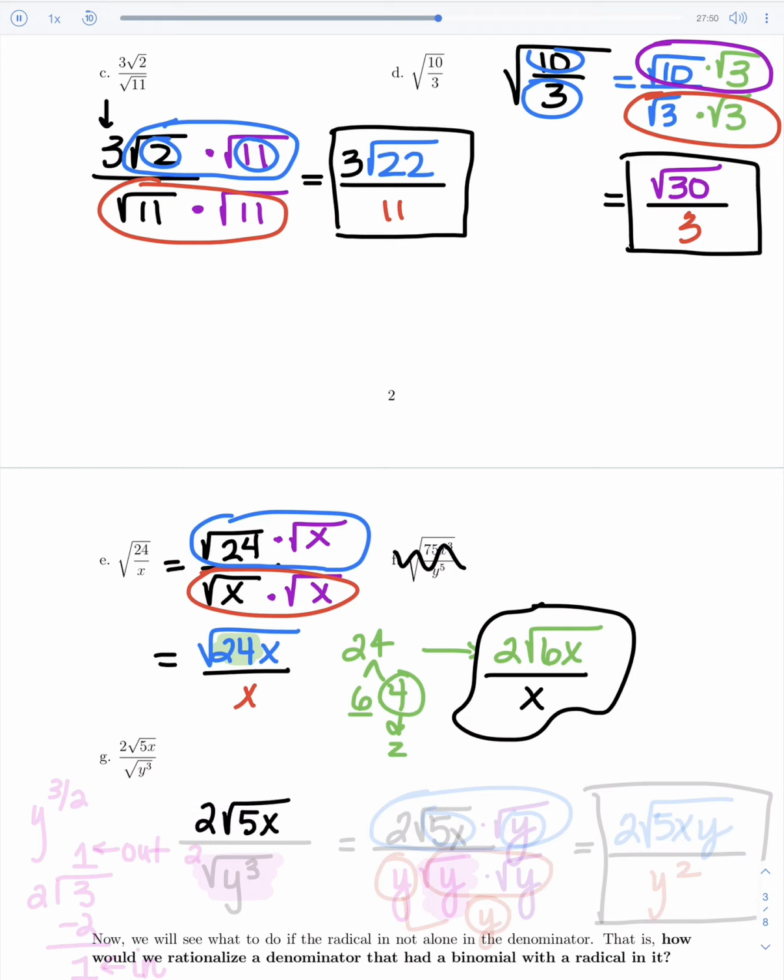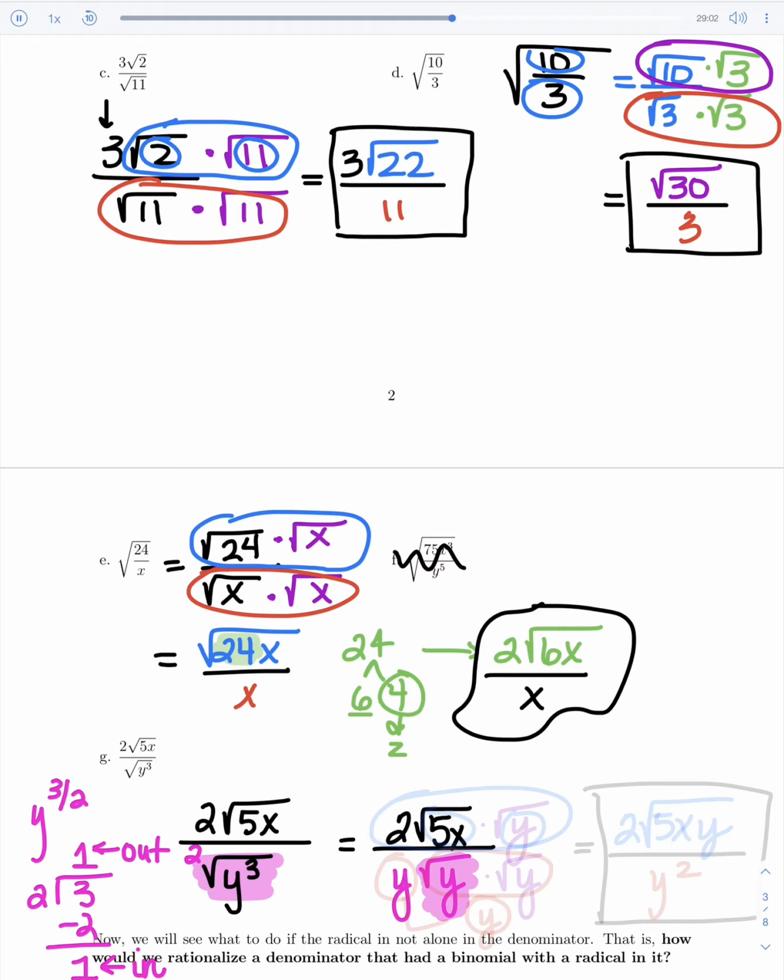So you'd have 1 y coming out and 1 y staying in. That is just reducing our root before we do anything. Then my problem is not with the y that's outside of the root. My only problem is with the y that's inside of the root.